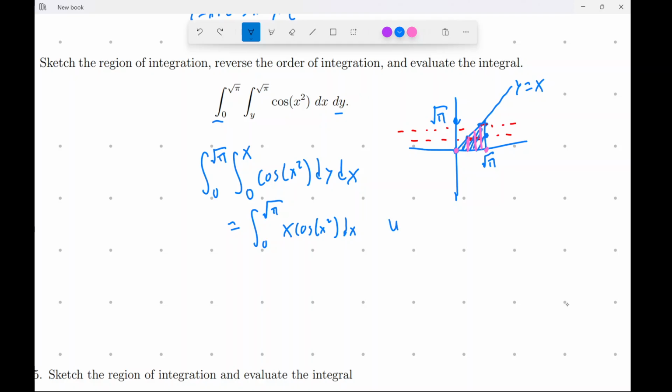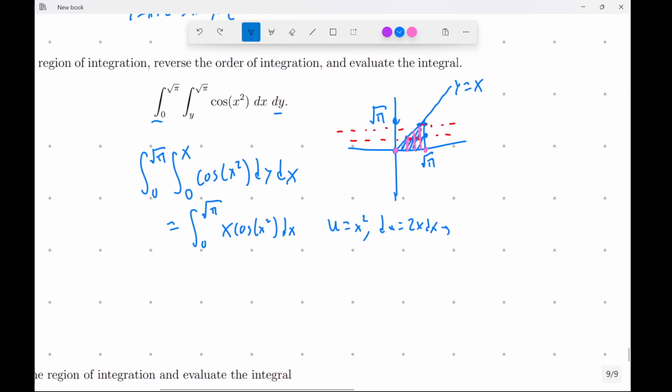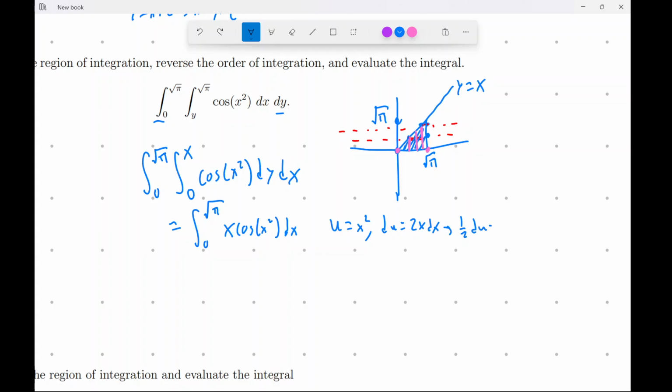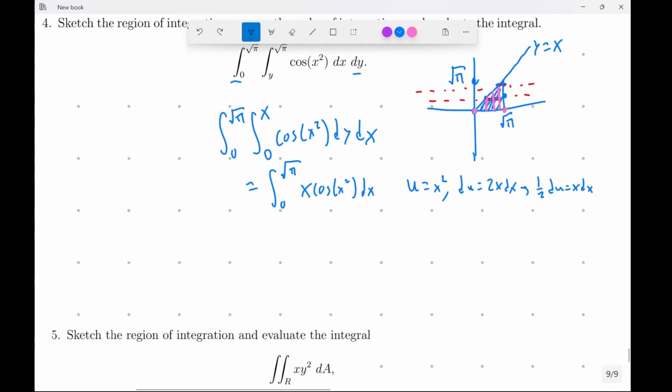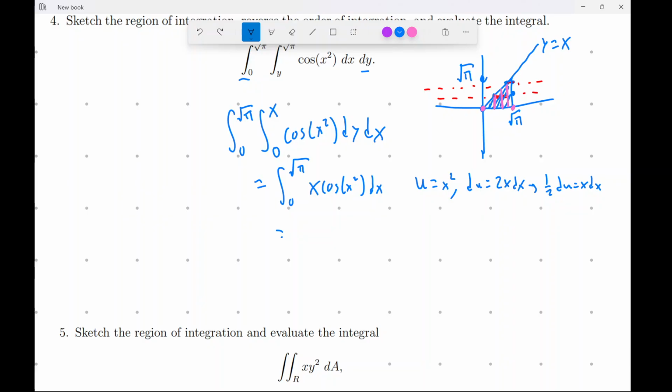So let's say u is equal to x squared, du is equal to 2x dx, so then 1/2 du is x dx. And then we get that this is equal to the integral, okay, when x is 0, u is 0. When x is root pi, u is pi.